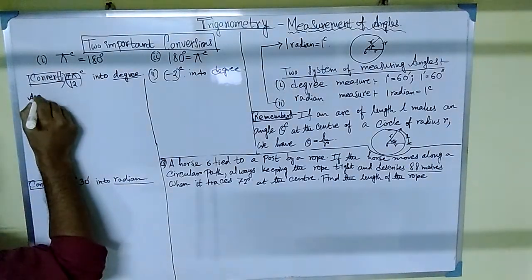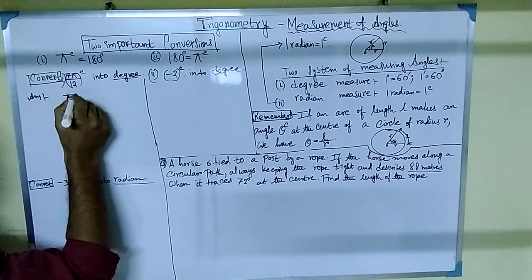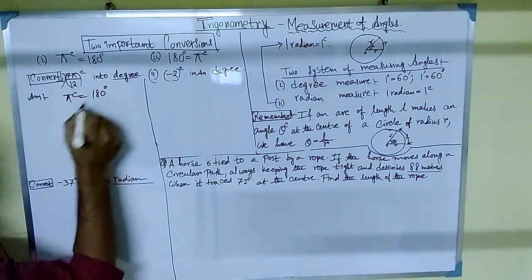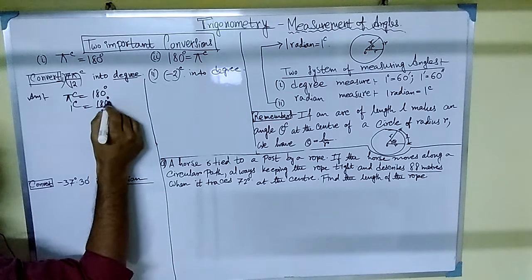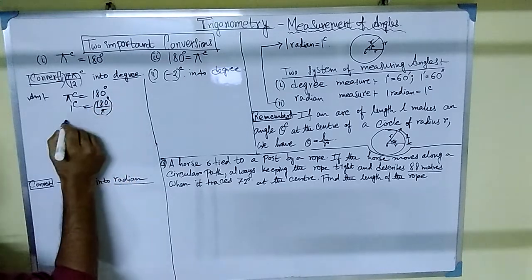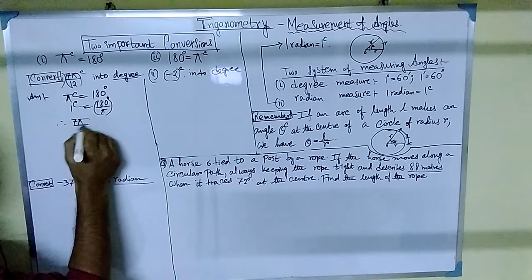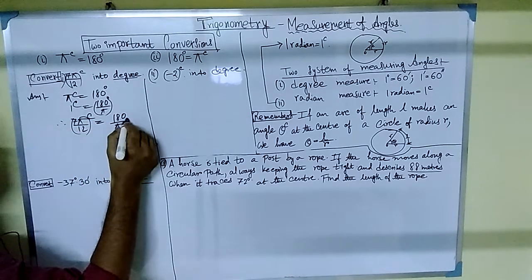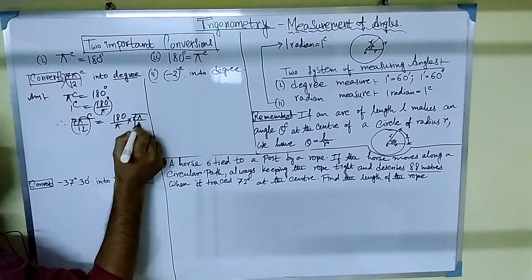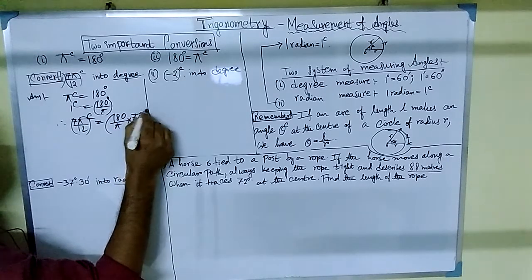We are going to just use this formula. Pi c is equal to 180 degree. 1 c will be 180 degree by pi. This entire thing will be in degree. Therefore 7 pi by 12 c will be equal to 180 degree divided by pi into 7 pi by 12 whole degree.